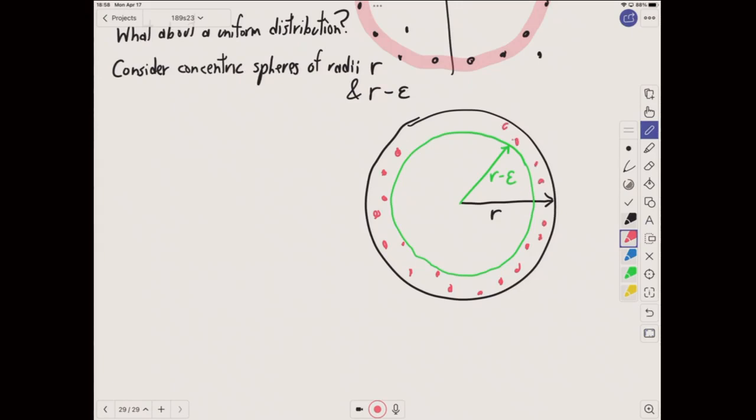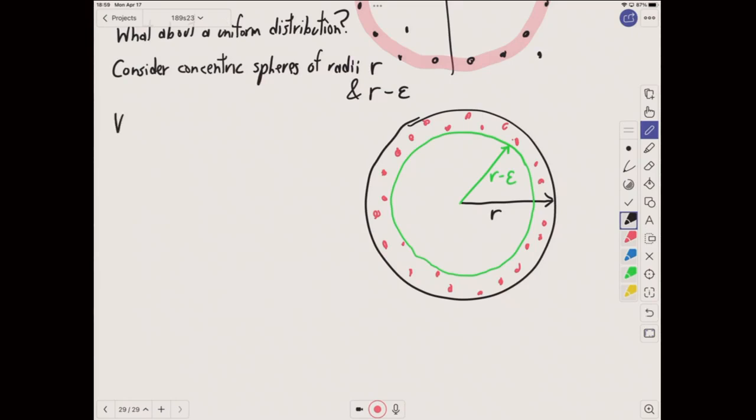The vast majority of randomly distributed points in our uniform distribution are going to be very close to the outer sphere, which may seem a little weird. Again, this defies our intuition, because this doesn't happen in 2- and 3-dimensional space. In 2-dimensional space, you would get lots of points inside that green circle. So why does this happen?